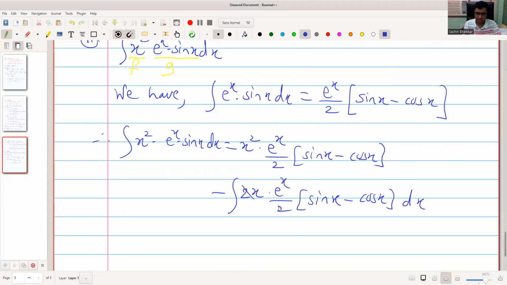This 2 gets cancelled. Again we have to use integration by parts, so we need to do these things repeatedly.